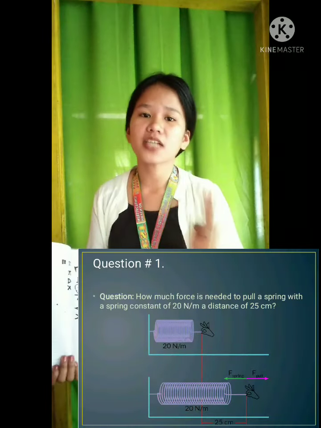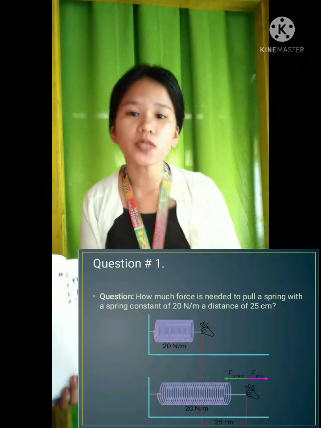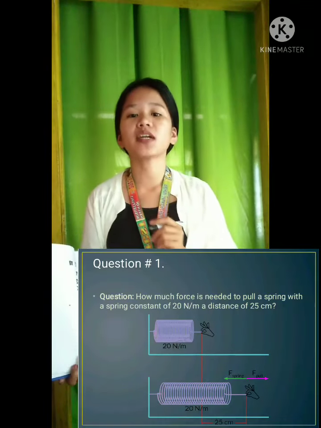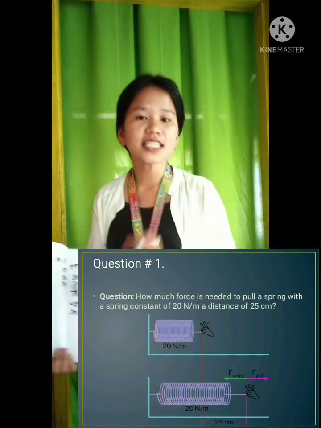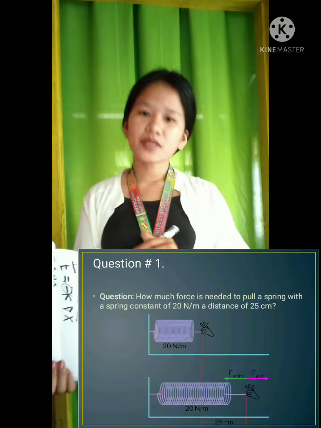The question is: how much force is needed to pull a spring with a spring constant of 20 newtons per meter a distance of 25 centimeters?